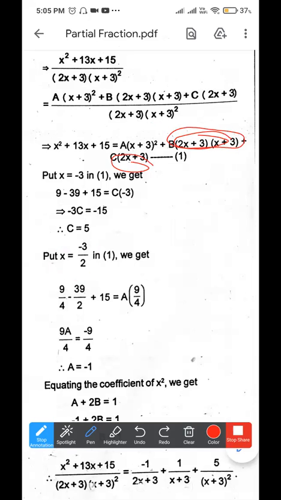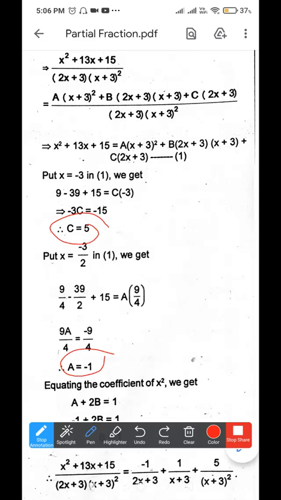So substitute the value minus 3 by 2 instead of x. You get 9 by 4 minus 39 by 2 plus 15 is equal to a into 9 by 4. Finally, we'll get the value of a. Okay, we got the value of c, we got the value of a.